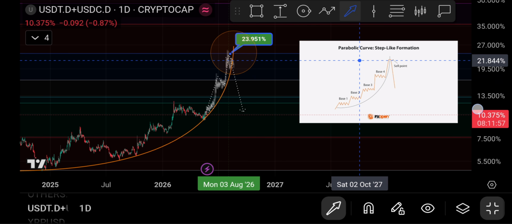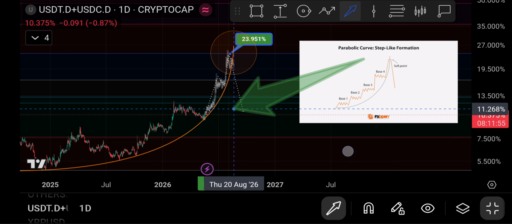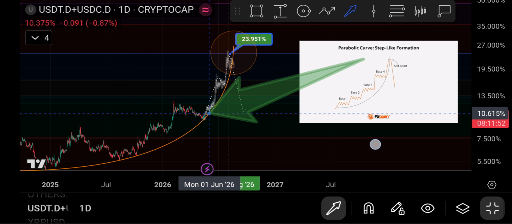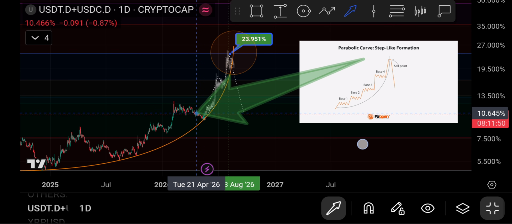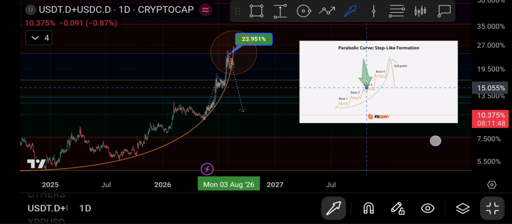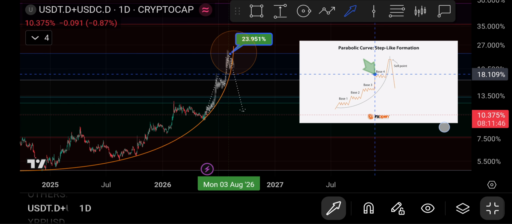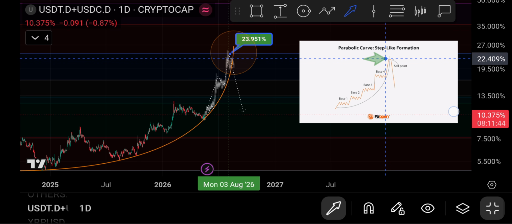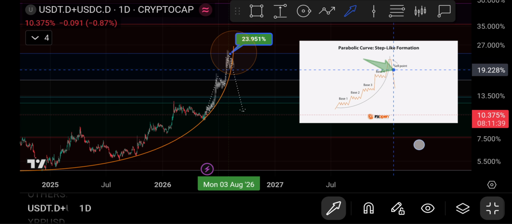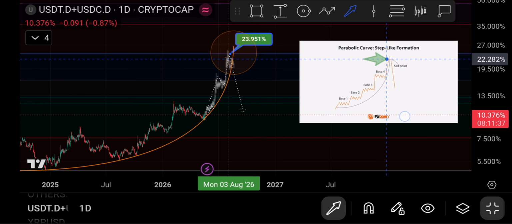And if you can take a look, we are right in the base three at the moment. And after the base three, we go parabolic to the base four and then to the selling point. Then we have a big crash, let's say, off the selling point.